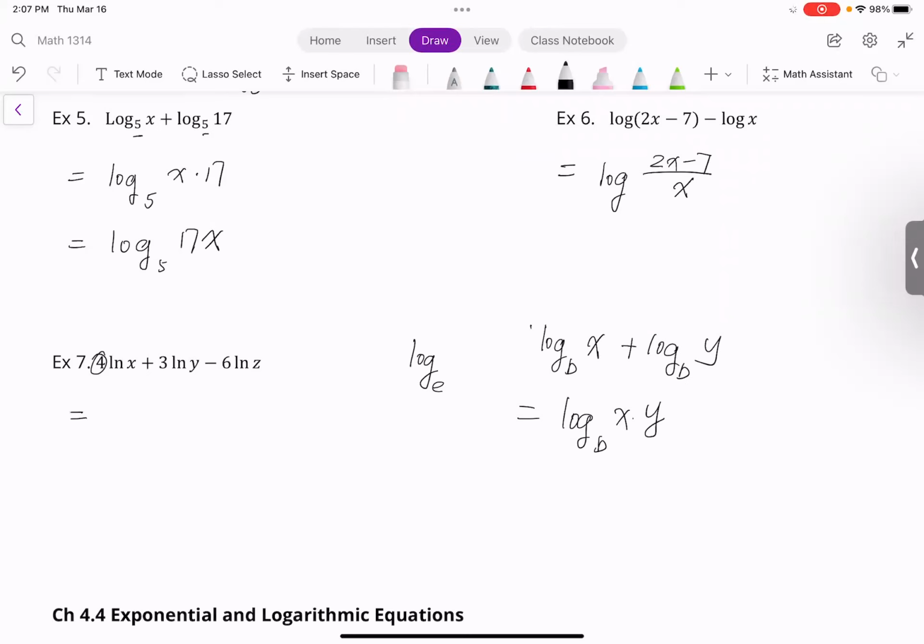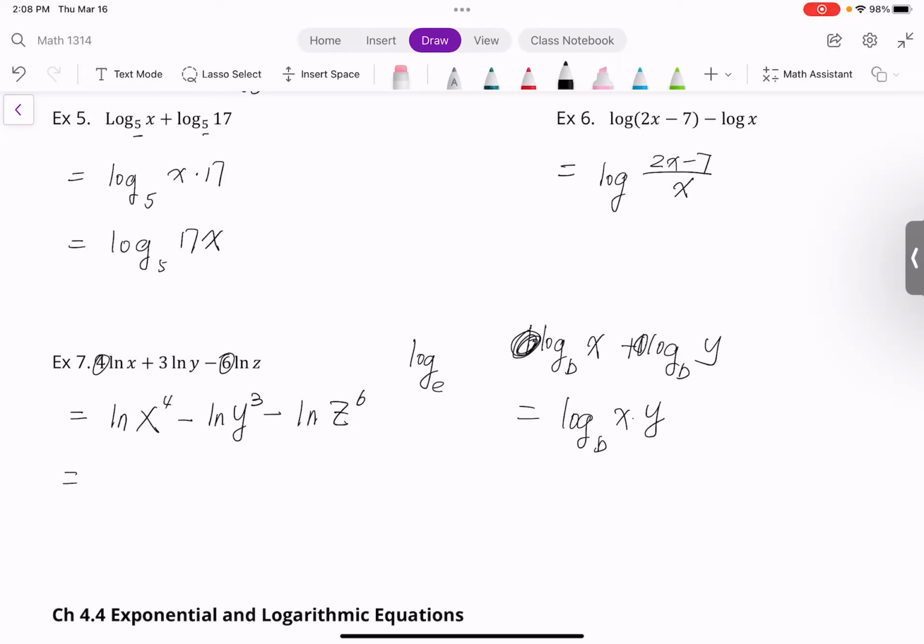They don't have a constant, or the constant here is 1. So they don't have numbers like 4 and 3 and 6. So how to combine them? I need to move them back to the power for each variable. So move the 4 to the power of x: ln x to the 4th minus ln y cubed minus ln z to the 6th.